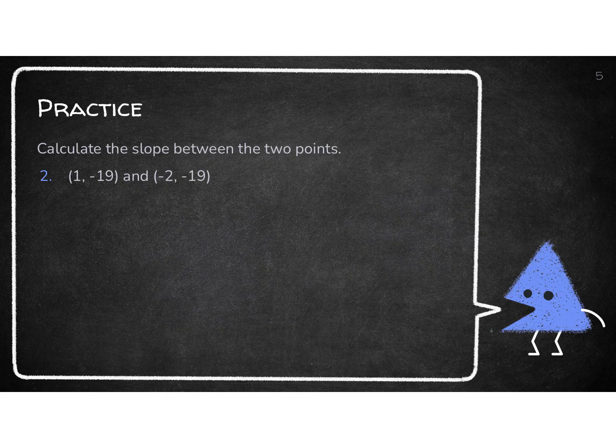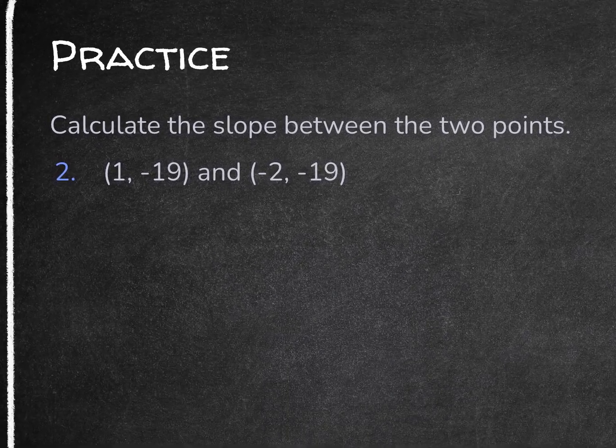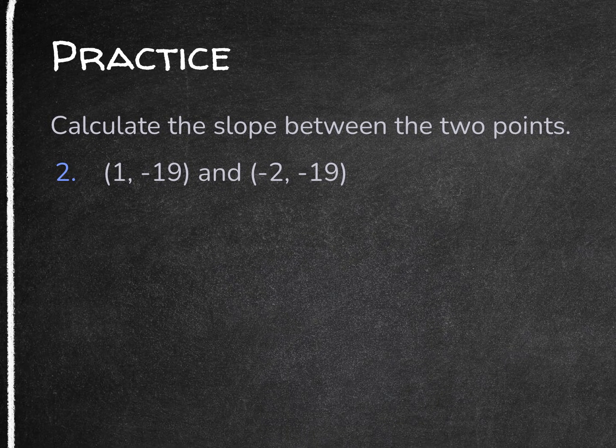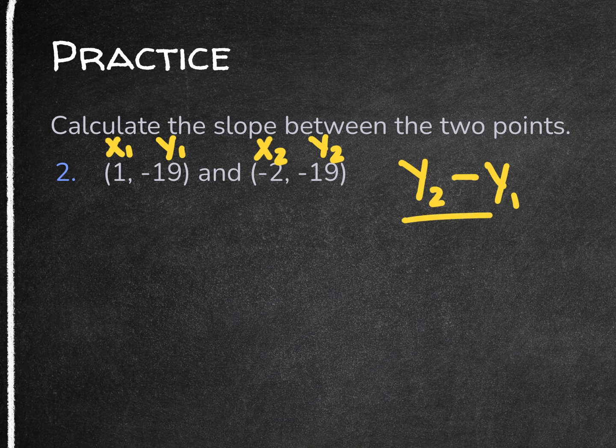My next points are 1, negative 19, and negative 2, negative 19. So label your points x1, y1, x2, y2. I'm going to write my slope formula again, and I'm going to take my points and my numbers and plug them in.